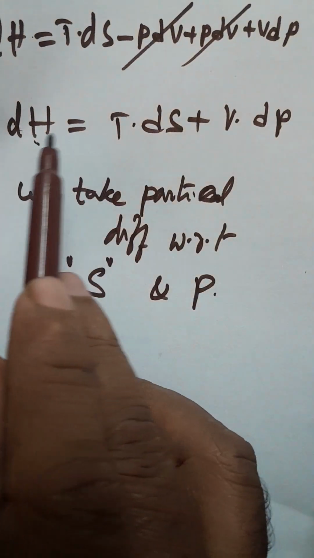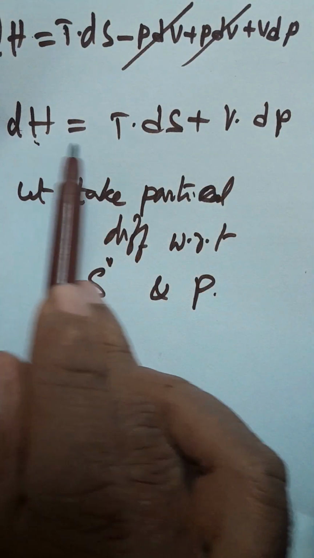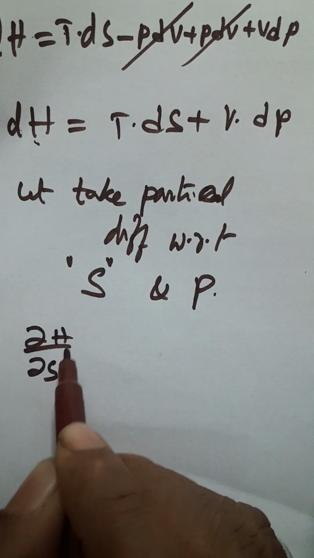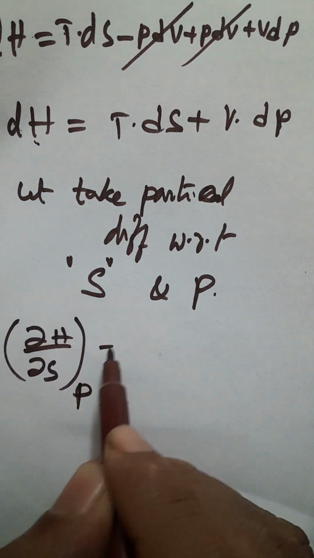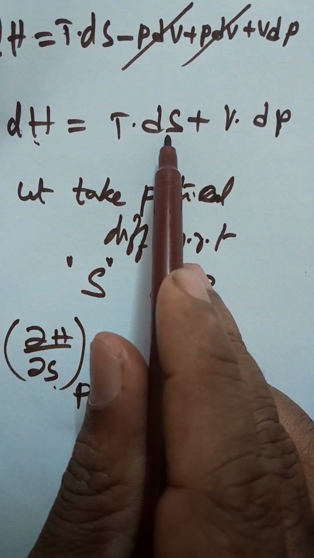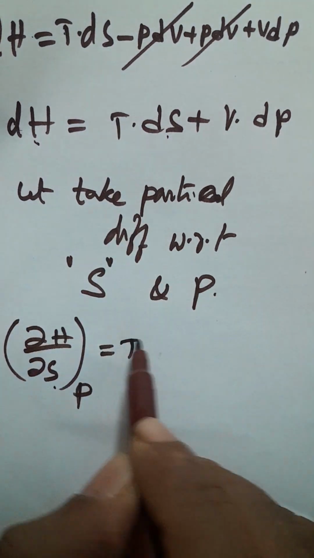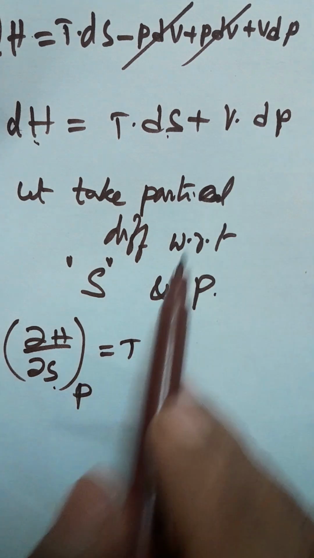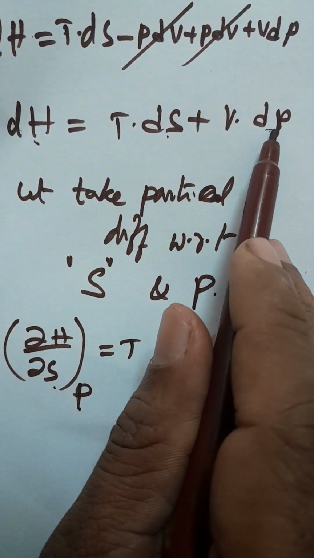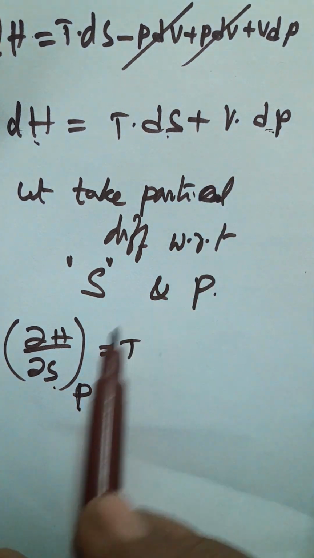For this equation, first we do differentiation with respect to entropy, that means dou H by dou S at constant pressure. Differentiation of dS by dS is 1, so we got T. And since we are keeping pressure constant, the differentiation of the constant is 0, so this full term is 0.